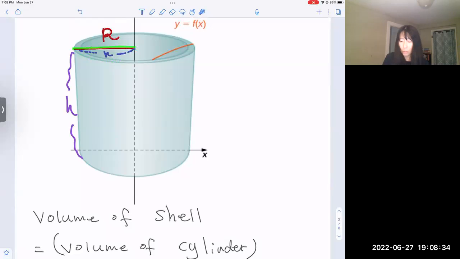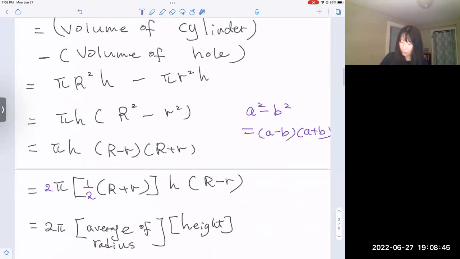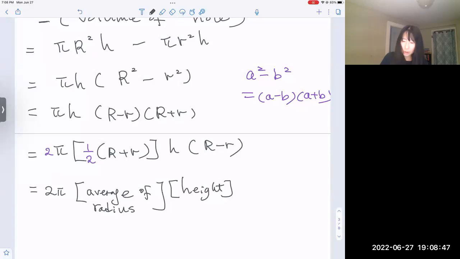This one minus that one, and we get the shell part, right? Okay. So let me write down thickness. Then we can derive the formula.